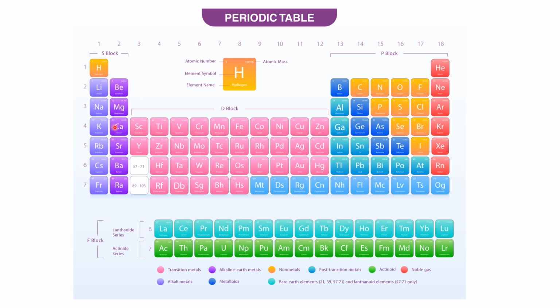Alkali and alkaline earth metals are in the S block, and rare earth elements and actinoids are coming under the F block. All these yellow-colored ones are non-metals, and non-metals are coming under the P block. These are metalloids, and metalloids are also coming under the P block.